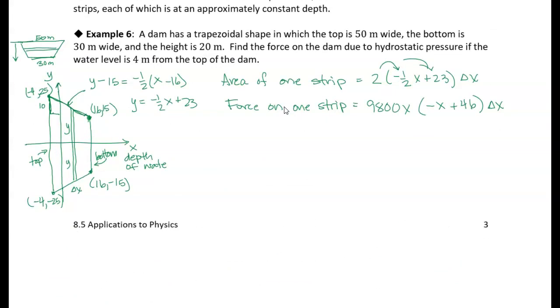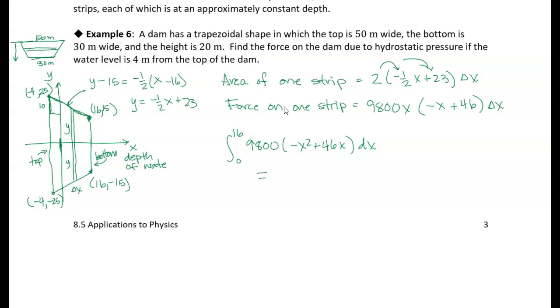All right, so now we have the force on any given strip. So now I want to integrate this over the depth of the water. And the depth of the water is just going from 0, where the water line is, to the bottom of the dam, which is at 16 feet down from the water line. So we're going to integrate 9,800, and I'm going to multiply through by the x, so I get minus x squared plus 46x dx.